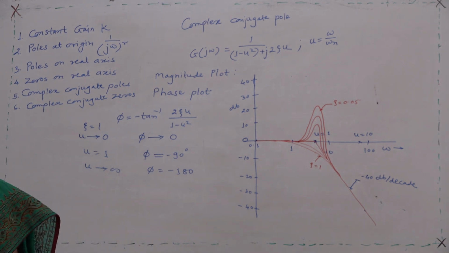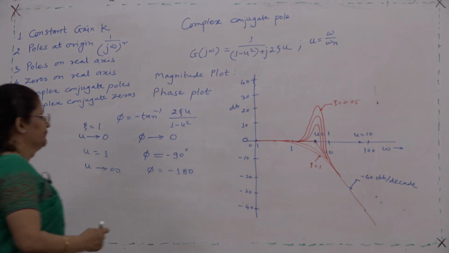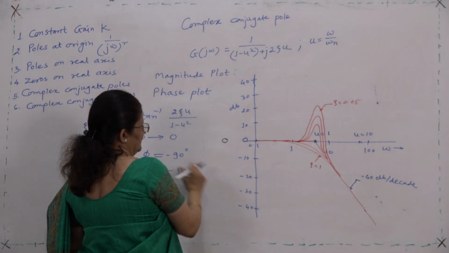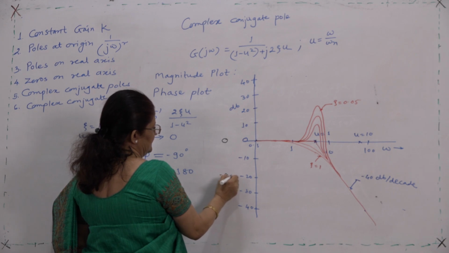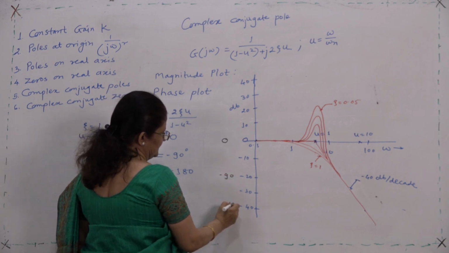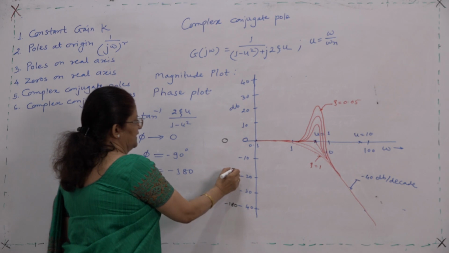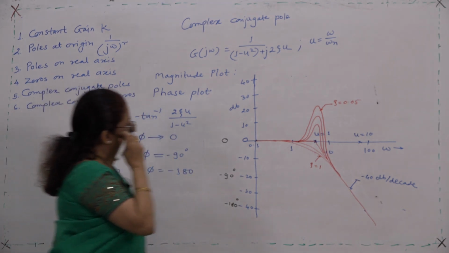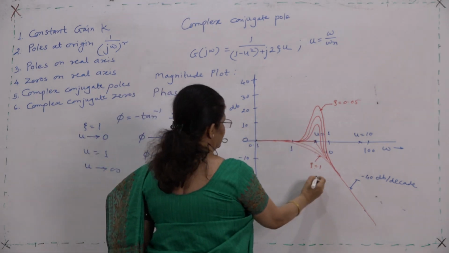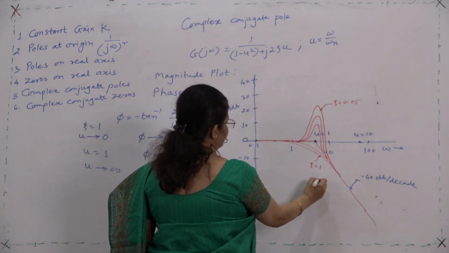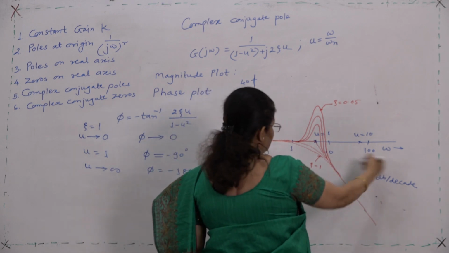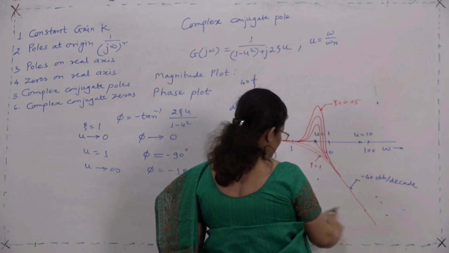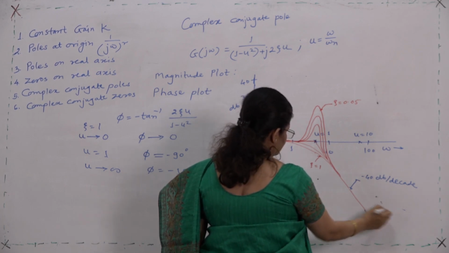So, this is for zeta is equal to 1. The angle we will consider 0, then this is minus 90 and this is minus 180 degrees. At u is equal to 1, it is minus 90 degrees. And as u is increasing, it is going towards minus 180, it is not reaching minus 180.